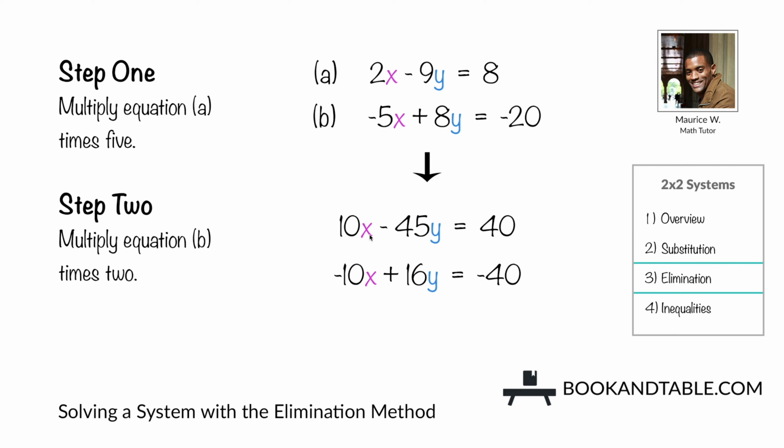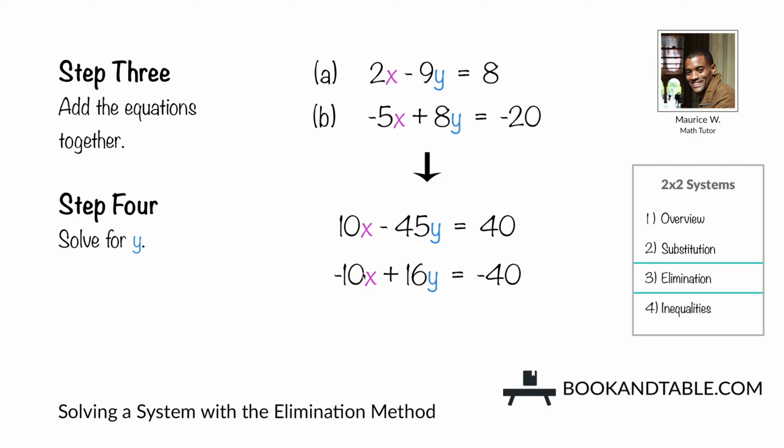So now the coefficients of our x terms are equal with opposite signs, so we can eliminate x by adding the two equations together. That's step 3. When we do so, we get negative 45y plus 16y, which is negative 29y, and 40 plus negative 40 is equal to 0.